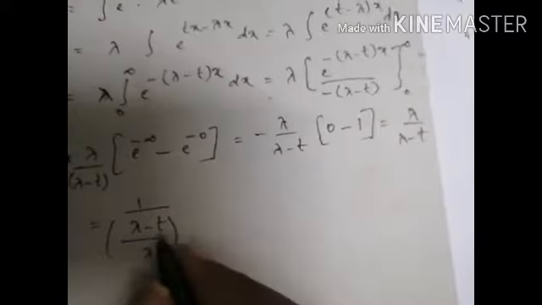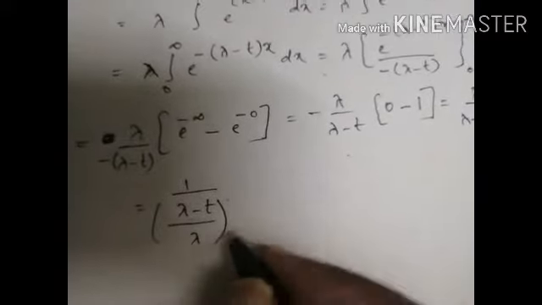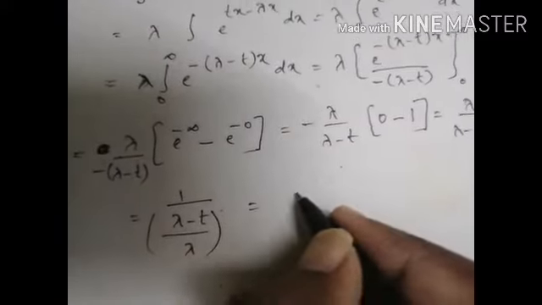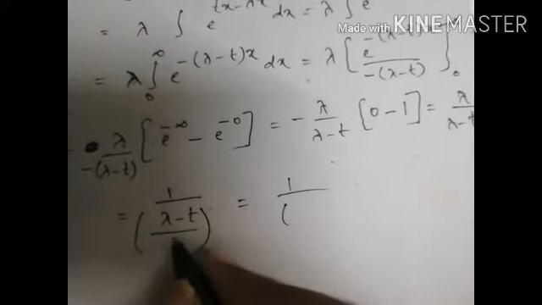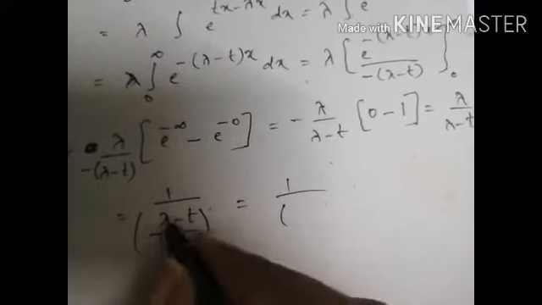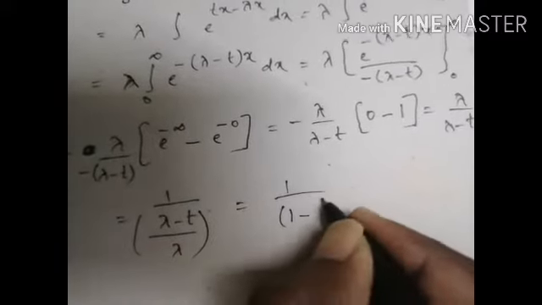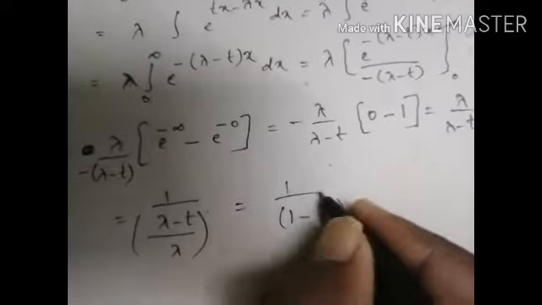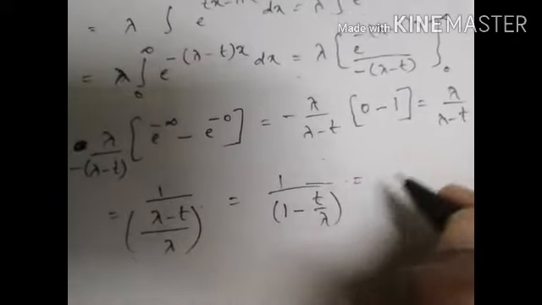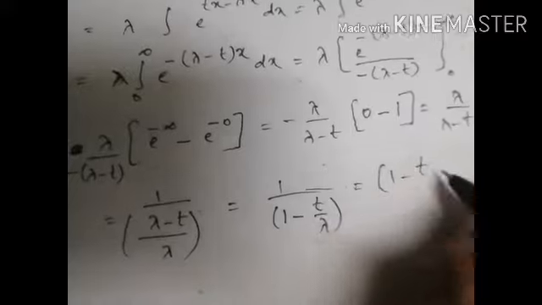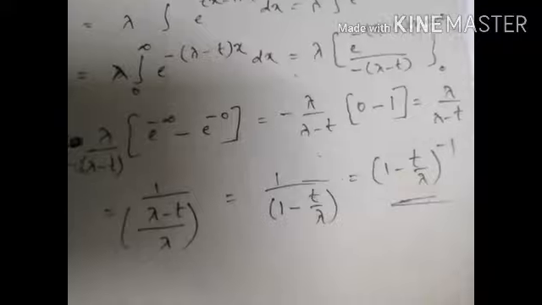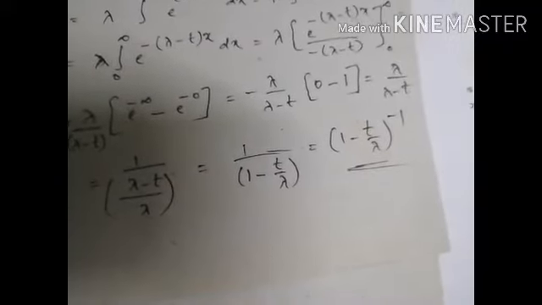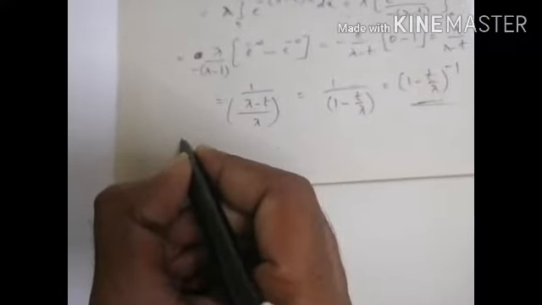This can be written as lambda by lambda minus t by lambda, and separating this, lambda lambda gets cancelled, and 1 minus t by lambda remains, right? Going upside, 1 minus t by lambda whole inverse. So this is also the MGF of the exponential distribution.